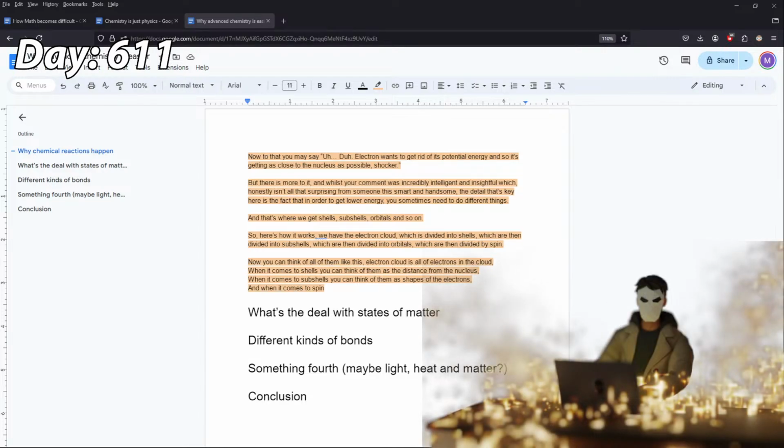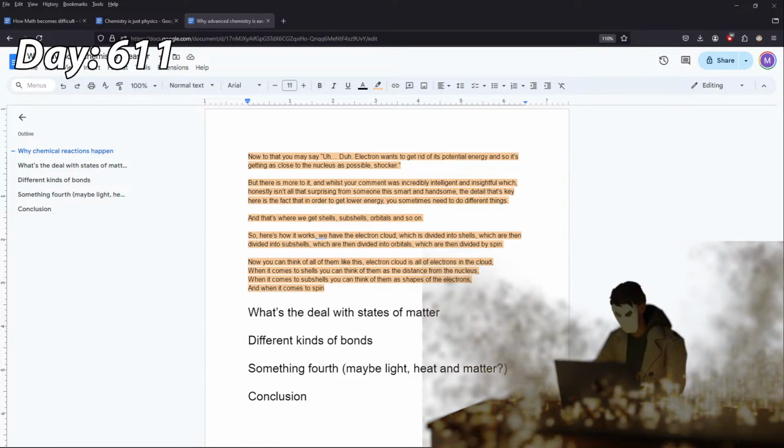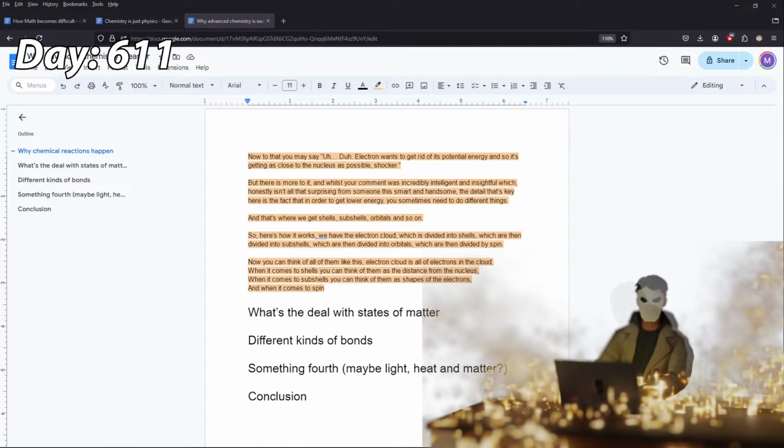It's illegal in Switzerland to have an AC. I guess that makes sense. Climate change, I think, and stuff.